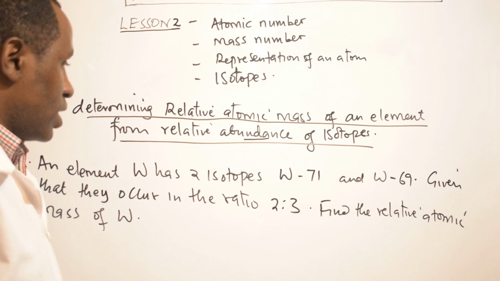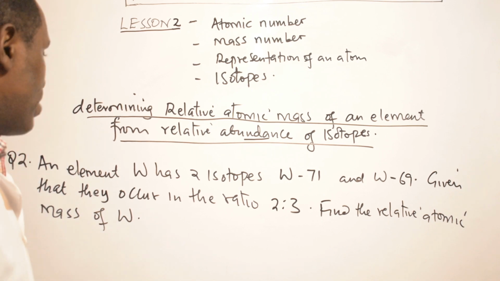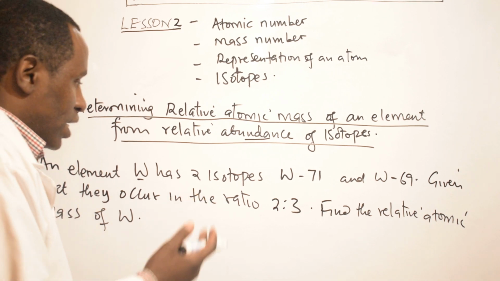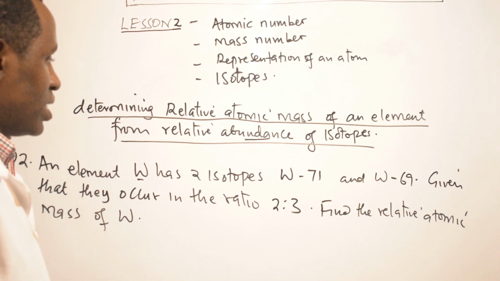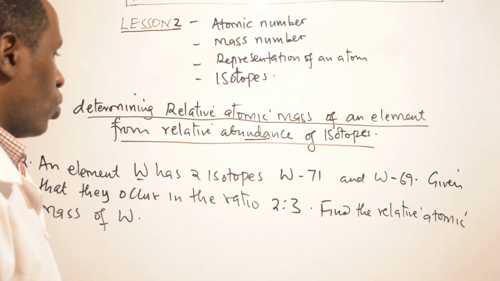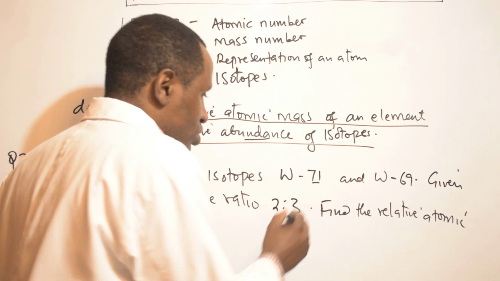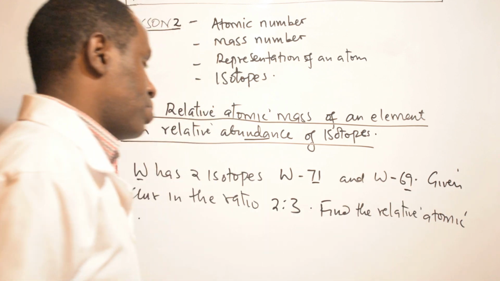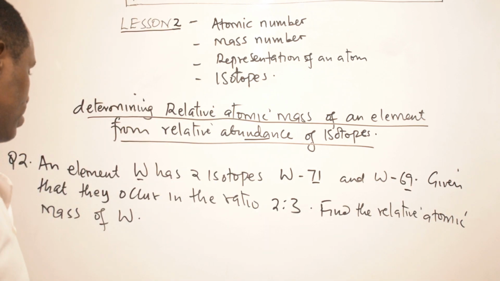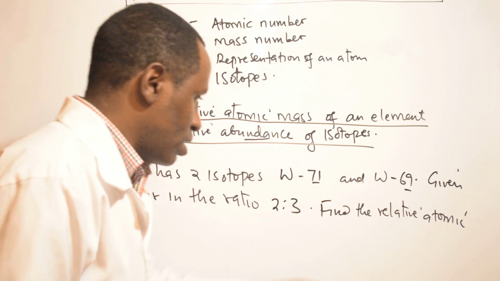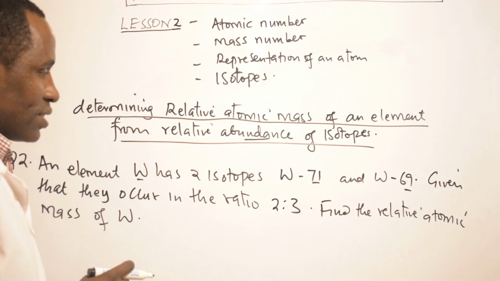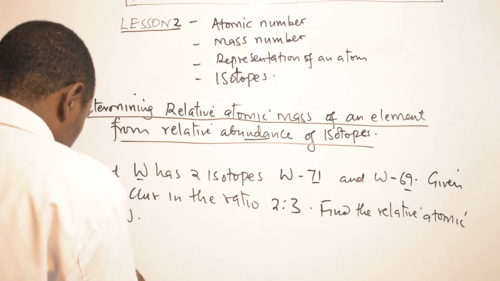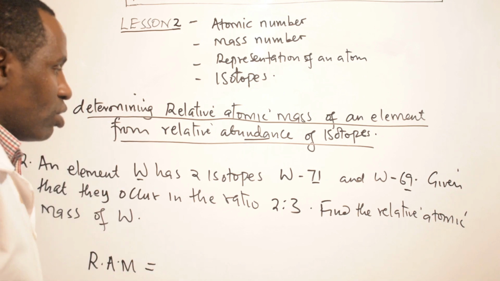Now in this particular case, I'm having an element W. I've just used W to represent an element, with mass numbers of 71 and 69 respectively. If you're given that the ratio is 2:3, find the relative atomic mass of W. How are we going to work out this?